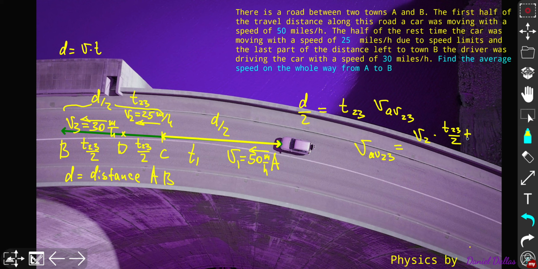We add V3 times T23 over 2 again, and we divide by the total time, which is simply T23. Okay, if we simplify that, we can establish that the average speed on the interval from C to B, or in other words V23, we'll get the following expression. So V2 and V3, we add them up, while the time will be cancelled.